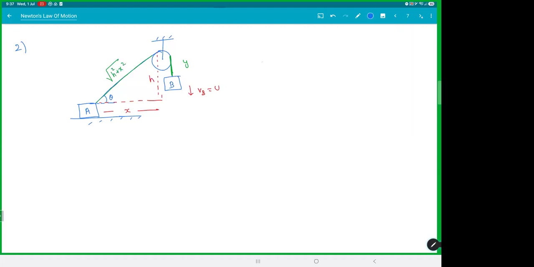So here the length of the string is the hypotenuse plus that extra tail Y. Because when B goes up and down, this length will change. When A goes left and right, this hypotenuse will change. That's your length of the string. Now differentiate.